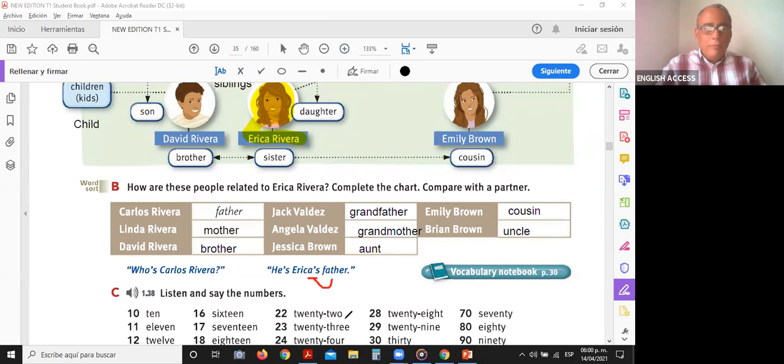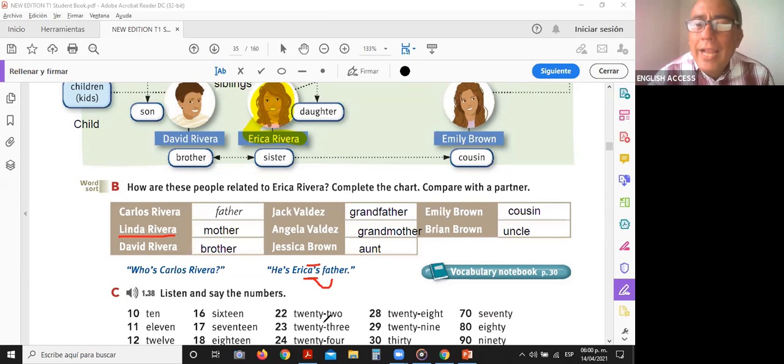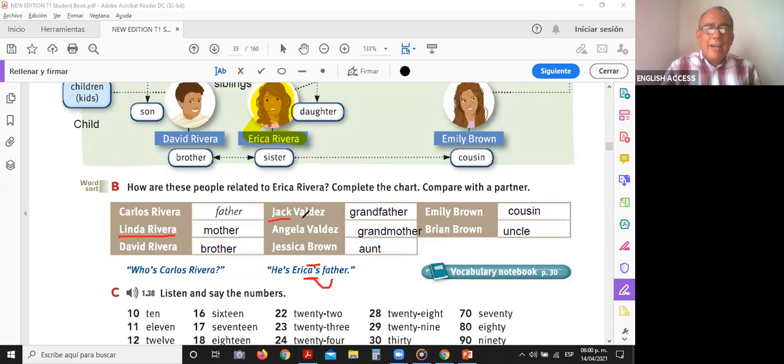Let me ask you something, Fatima. Who's Linda Rivera? She's Erika's mother. Erika or Erika's? Erika's mother. Exactly. Carolina, who is Jack Valdez?